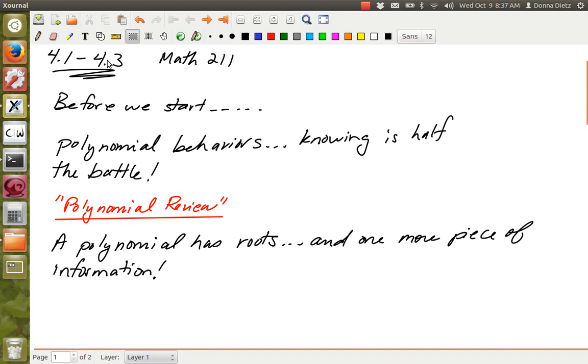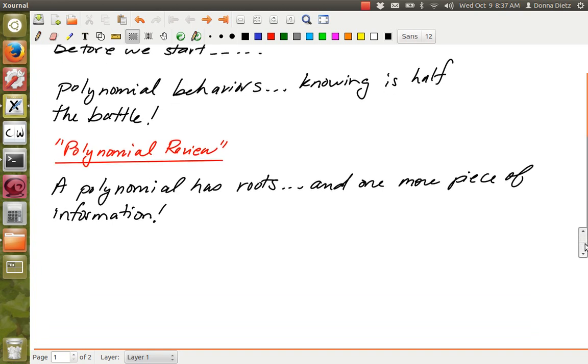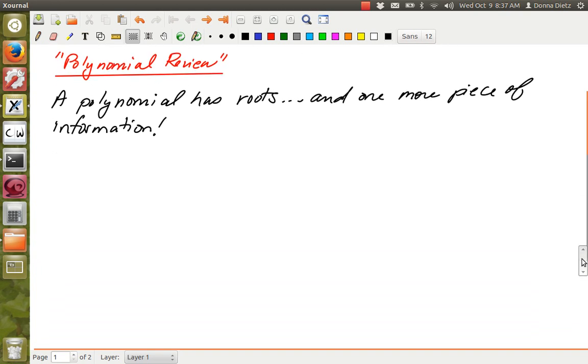Okay? So a polynomial has roots and one more piece of information, and this is what I want you to think about polynomials. Why am I saying this? Because in high school, what you're probably taught is to look at a polynomial this way. I'm going to make up a polynomial: 4x cubed plus 7x squared minus x plus 1.